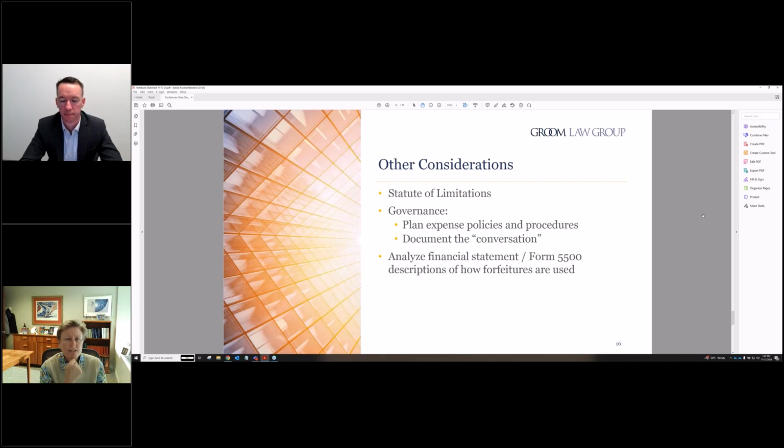I do think there's some things that people can do in terms of plan expense policies and procedures, right? Really writing down, it is a fiduciary decision to decide whether to use plan assets for any purpose, but certainly to pay plan expenses. And so having a set of policies and procedures around what expenses are going to be paid from the plan, or really more, what is the procedure for documenting doing that?